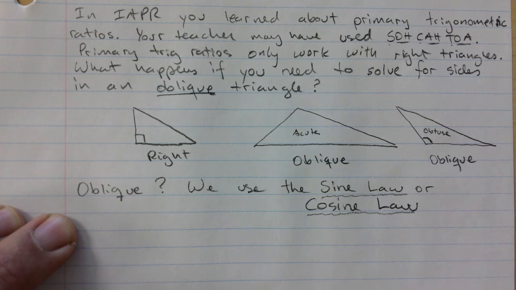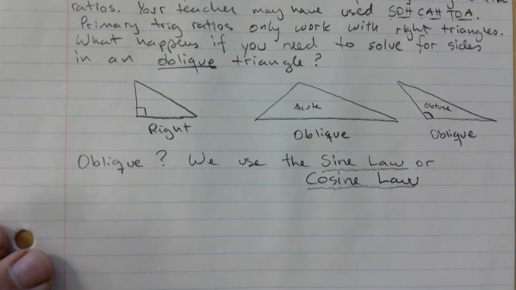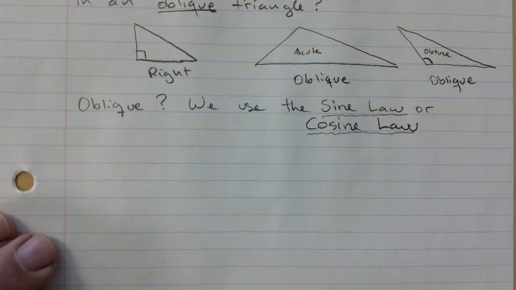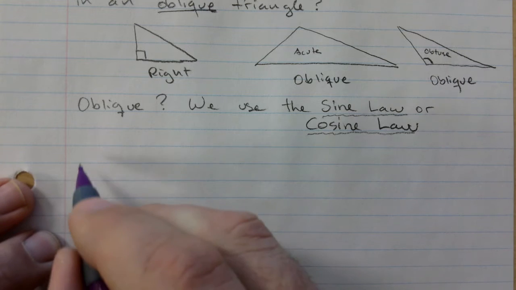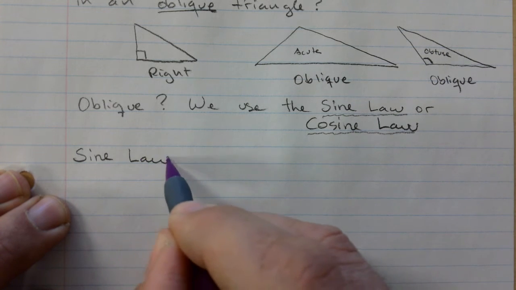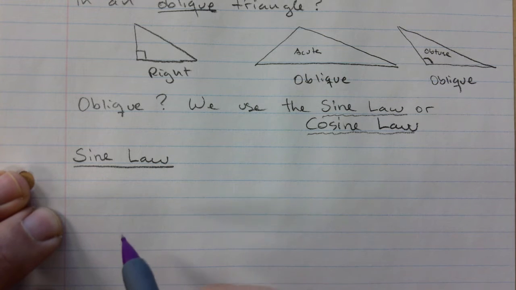And they're different. Each one of them is used in different cases. We're going to start with the sine law and then move over to cosine law. So sine law.